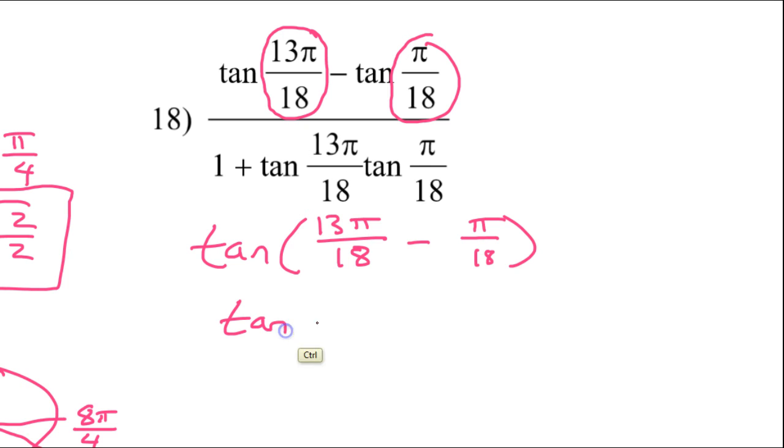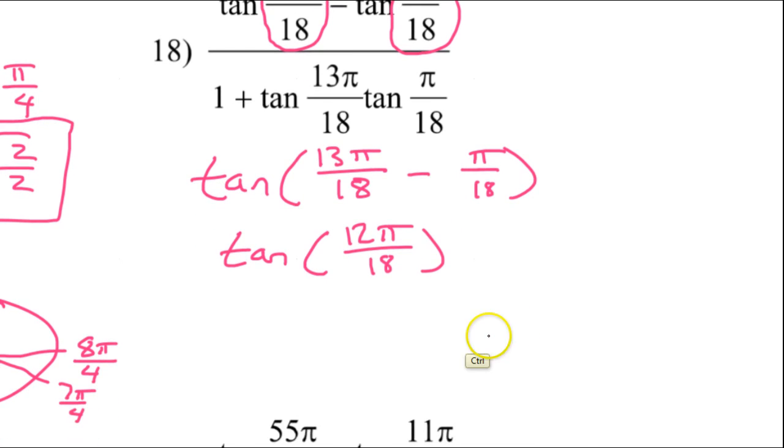But that's going to be the same thing as the tangent of 12 pi over 18. Both of these are divisible by 6. So this will be the same thing as tangent of 2 pi over 3.